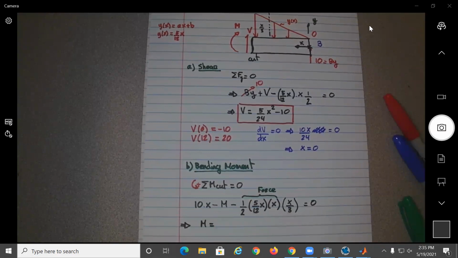So we're going to get minus 5x cubed over 72 plus 10x.